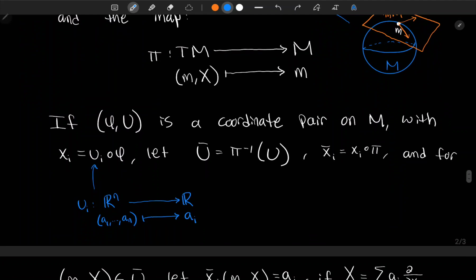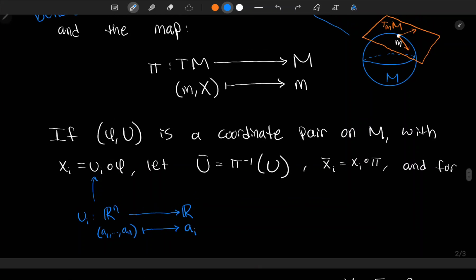Next, if (phi, U) is a coordinate pair on M with coordinates given by x_i equal to u_i composed with phi, where here u_i is just a projector. So u_i is specifically called a natural coordinate function. So it takes an element of R^n, which is given by this vector a_1, a_2, all the way up to a_n, and it gives us the ith component.